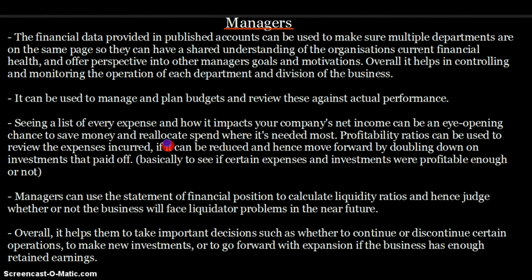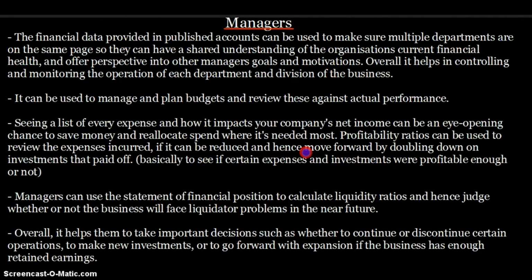Seeing a list of every expense and how it impacts your company's net income can be an eye-opening chance to save money and reallocate spend where it's needed most. If you have all of this information, you can see each expense and how it has impacted your net income. Some of it, in the form of variable cost, has decreased your gross profit, and some of it, in the form of overheads, has decreased your operating profit.